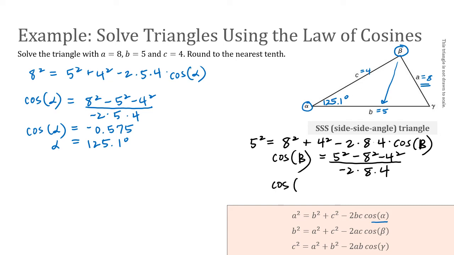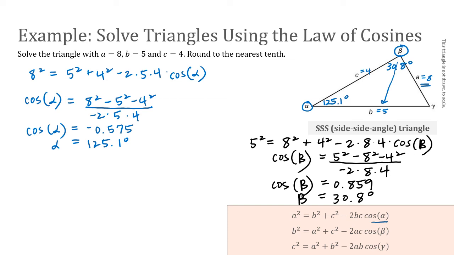And when I put that into my calculator, I got that the cosine of beta is equal to 0.859. And if I take the inverse of each side, I got that beta was approximately 30.8 degrees. Let me go ahead and mark that. So I now have 2 out of the 3 angles.